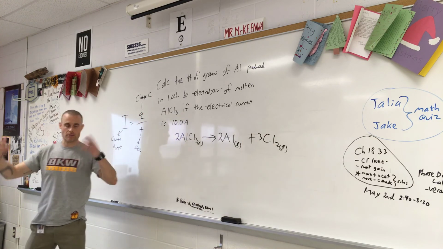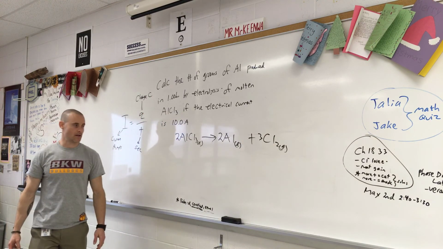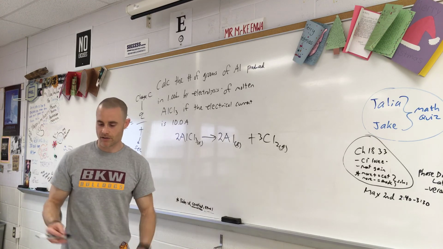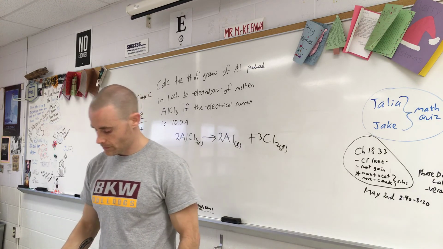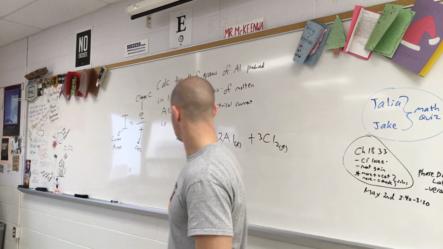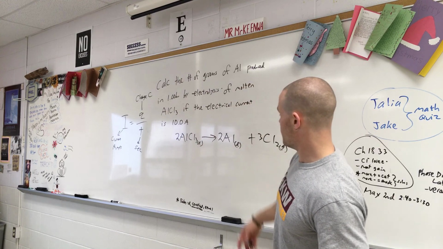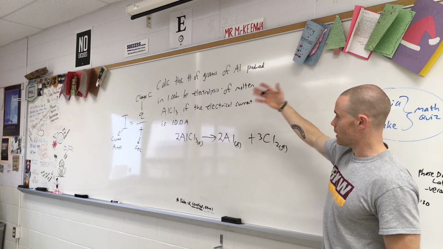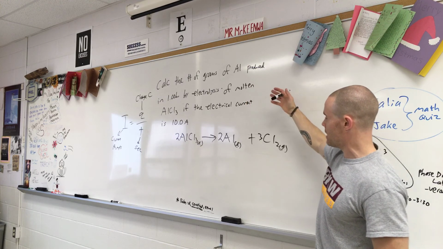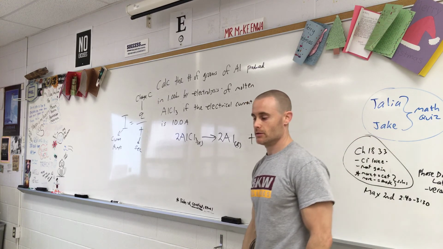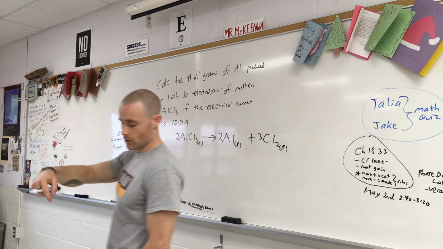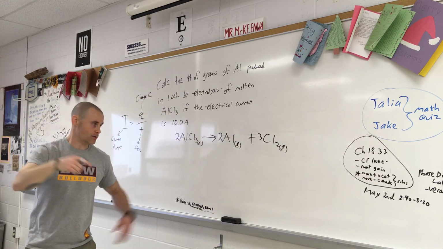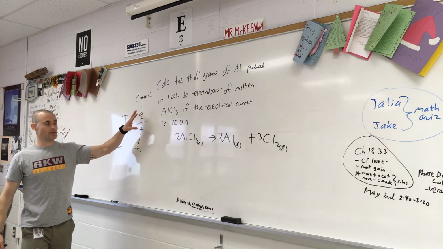Why am I doing this? Because we have to figure out the half reactions. Half of this thing is oxidized, half of this is reduced. So basically, at one of the electrodes you're going to get chlorine gas, and at the other you're going to get aluminum metal, just like the molten sodium chloride I was explaining at the beginning of class. Same concept.